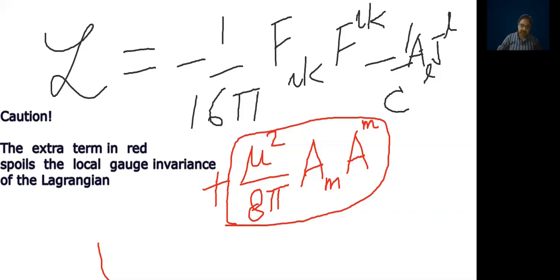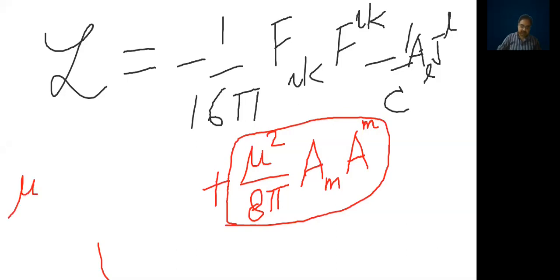μ is a quantity which is the inverse of the Compton wavelength of the photon. Now, what is the Compton wavelength of the photon? It is ħ/mc. So μ can be written as mc/ħ. Now, what is this m?